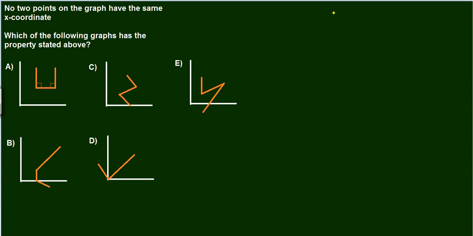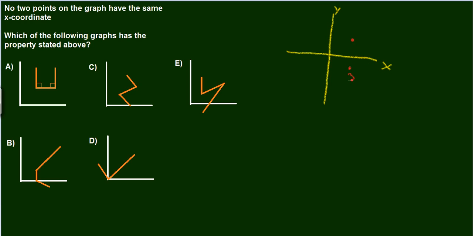Alright, so let's just imagine a graph here. And we have our y-axis and we have our x-axis, right? So if no two points on the graph have the same x-coordinate, that'd mean if we had something like this point on the graph and this point on the graph, they both have the same x value, right?